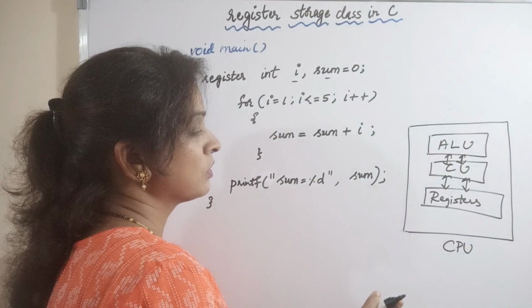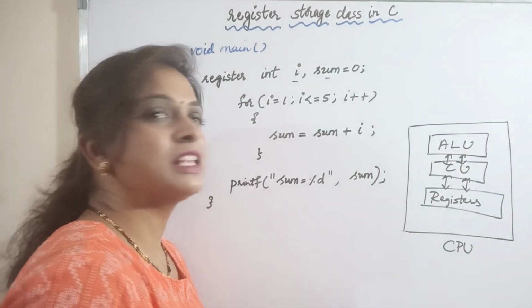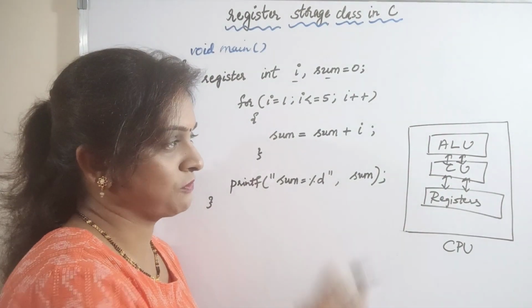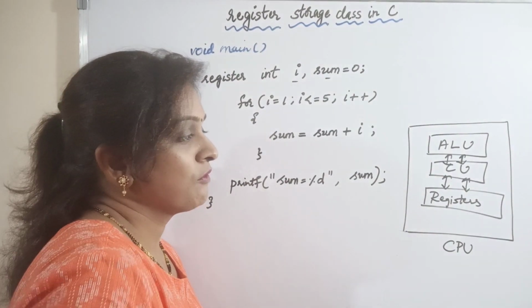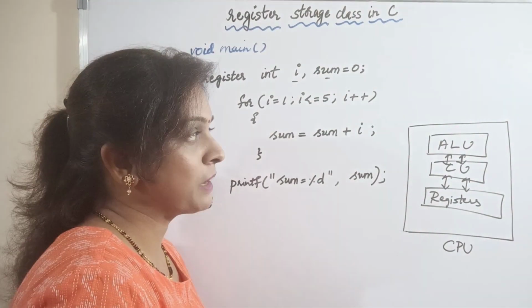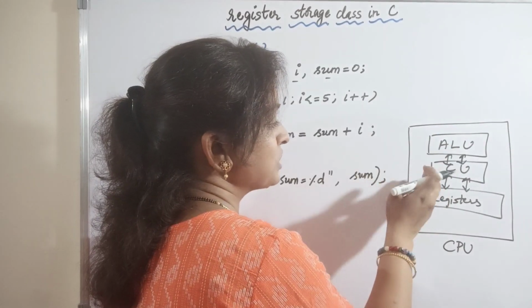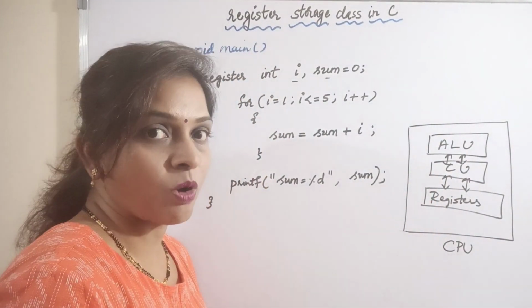The CPU is made up of many units, and there are still many subunits, and we have specified only a few major units. We have the instruction register, program counter. It is made up of many small components, where ALU, CU and registers are the major components available in the CPU.